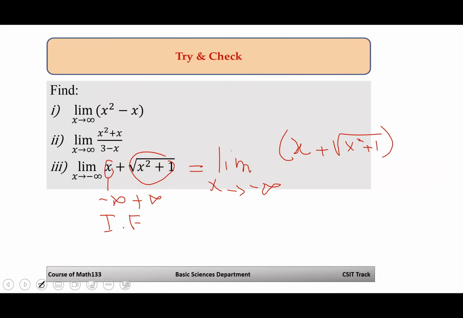So I will put this in parentheses, and then I will multiply by the conjugate, which is x minus root x squared plus 1. Since I multiplied by this, I need to divide by the same thing, x minus root x squared plus 1. And don't be afraid about this minus here.